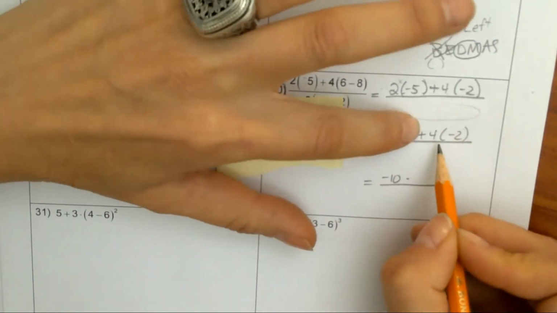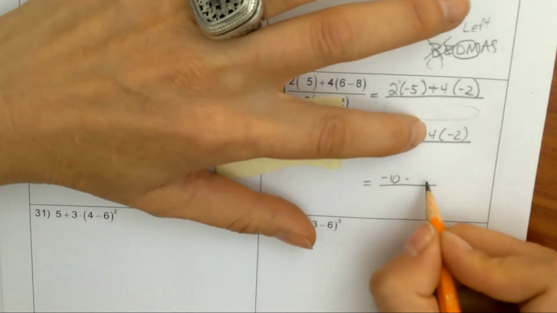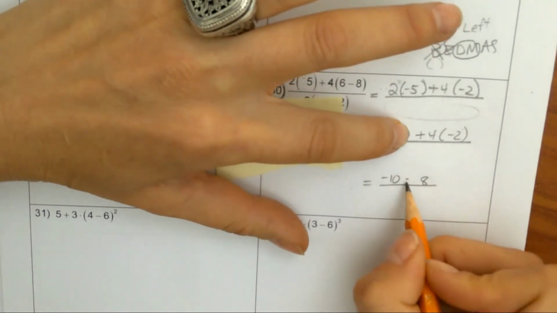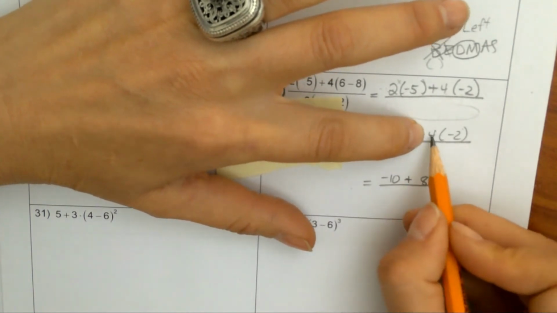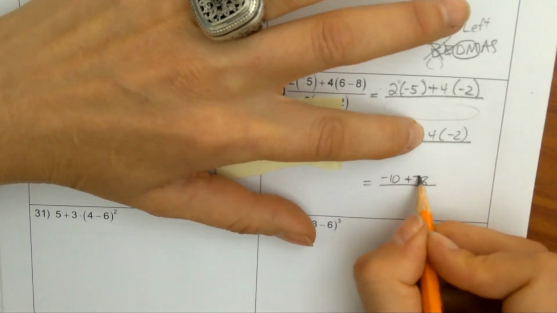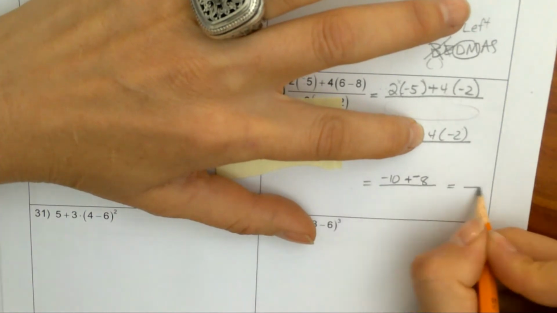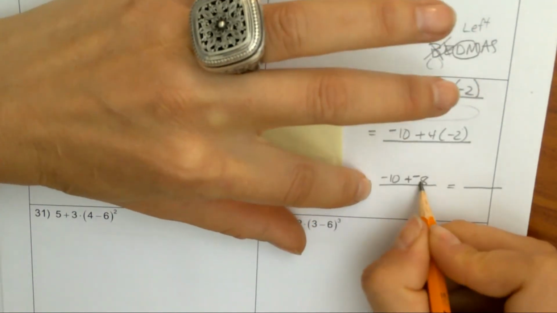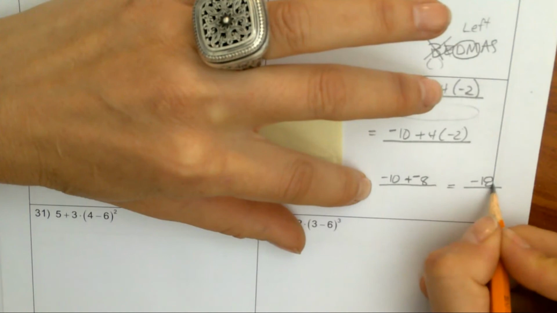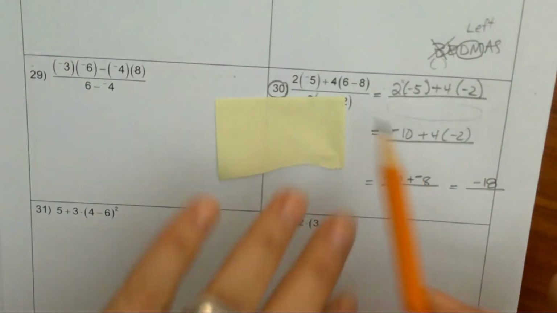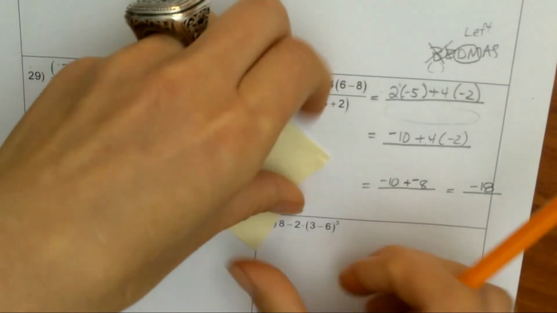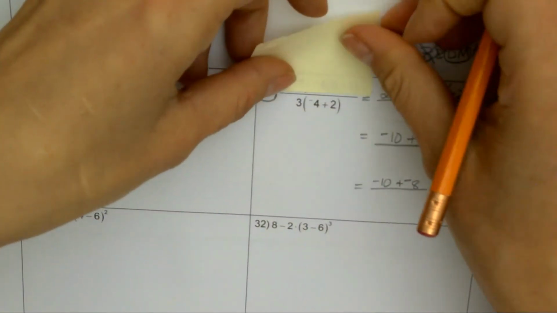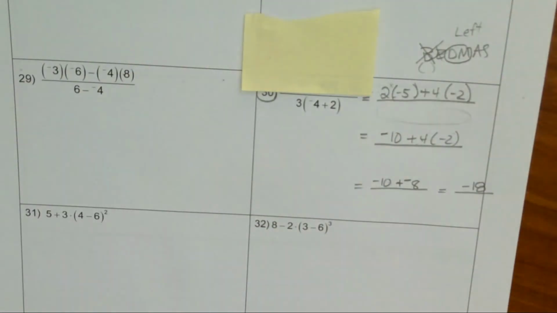So 4 times 2 is 8, and I have to add, and because they're opposite, positive and a negative, the answer is going to be negative. Now I lose 10 and I lose 8, it means I lost 18. So you can see I just did the top as if it's one question. Now I'm going to cover up the bottom and do the bottom as if it's a separate question.